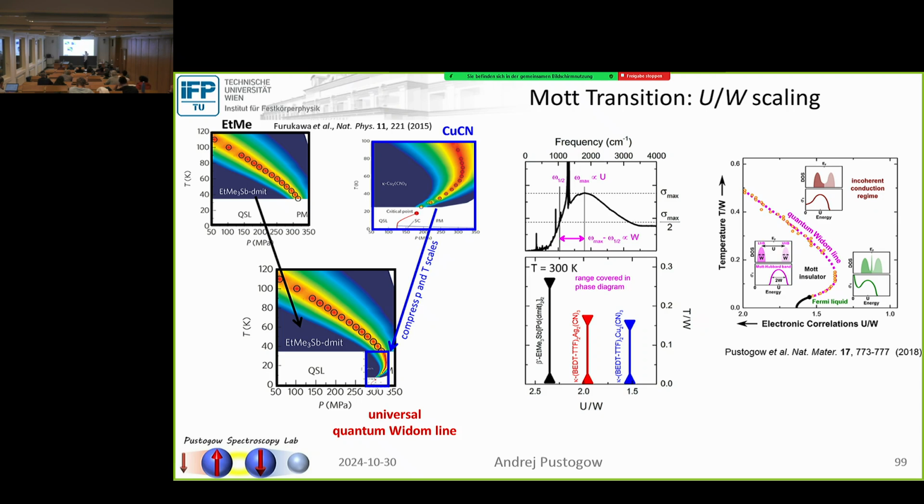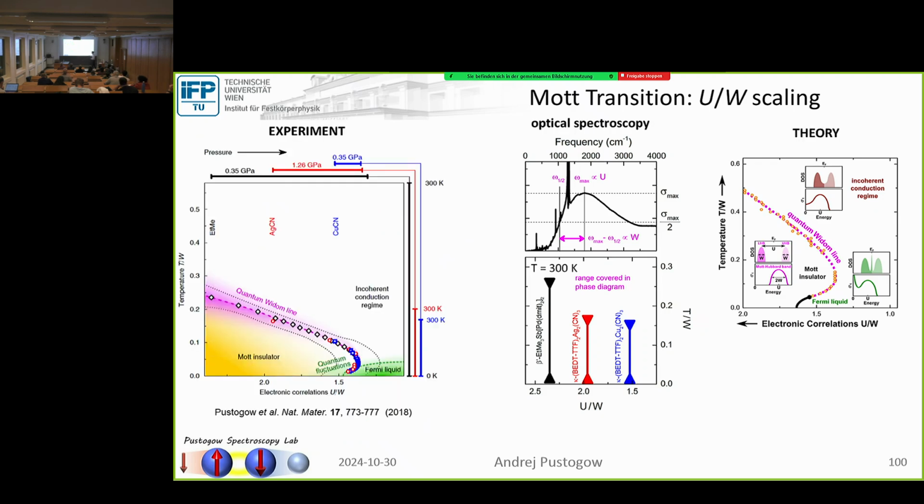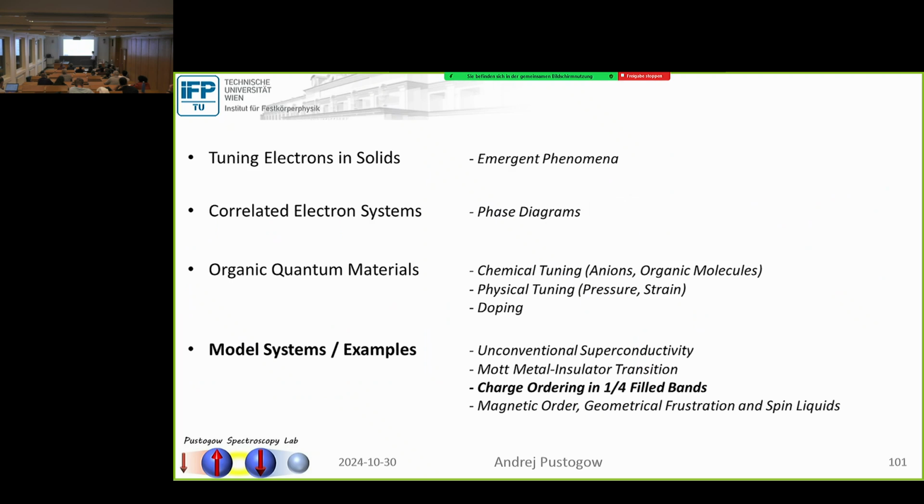And if we take into account the electronic bandwidth properly, we see that the compound in black and the compound in blue can be merged into a common phase boundary. So they really sit in the same phase diagram, just in different places, and they cover a different range. And if one can determine the bandwidth and the Coulomb repulsion from optical spectroscopy, this is accessible, and this is how we eventually made this phase diagram.